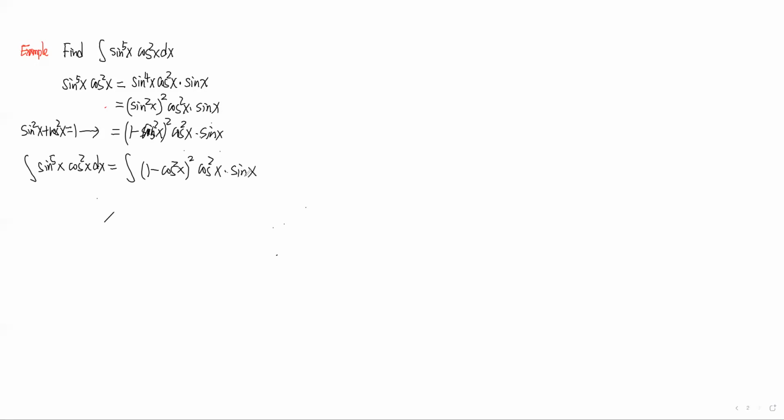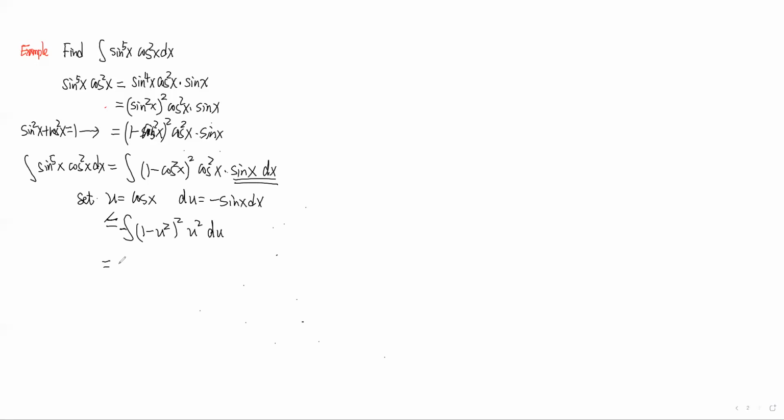And then what do we do? We do the u substitution, u is cosine x. So we have 1 minus u squared, and du is negative sine x dx, right? So we have this, and u squared and the negative du.